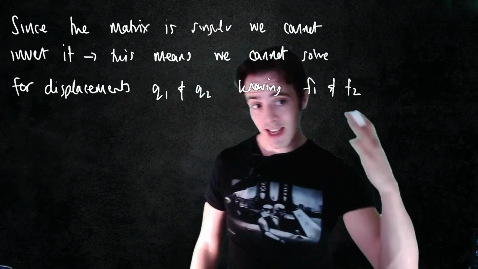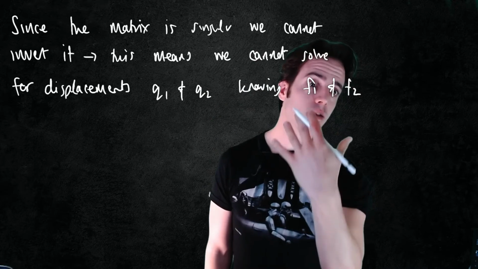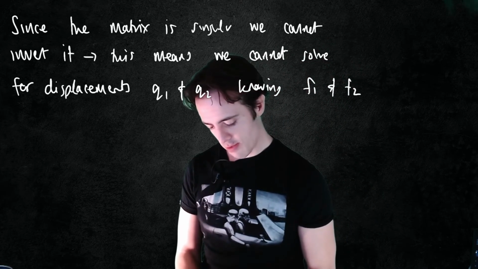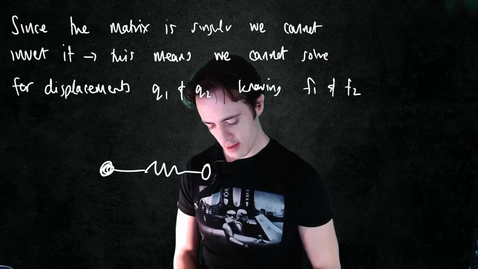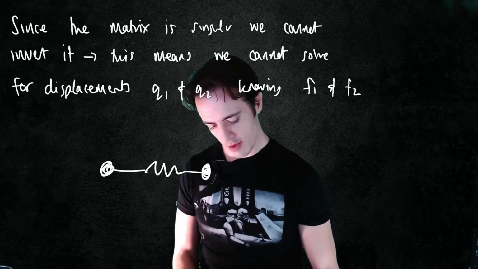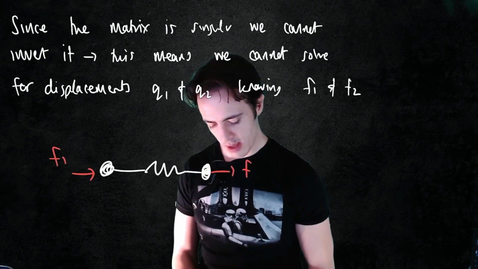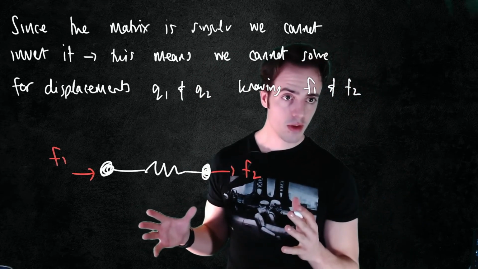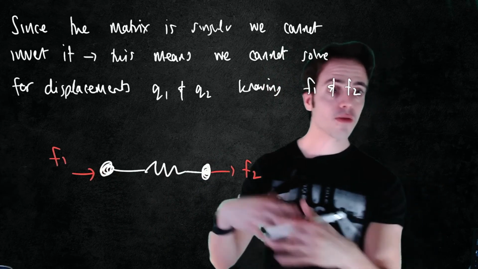The physical significance of this is that the reason we can't define it is because if we have a spring like this, I've got my two forces, F1 and F2. There are infinitely many solutions because the whole spring can move.